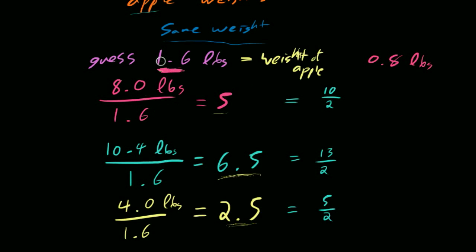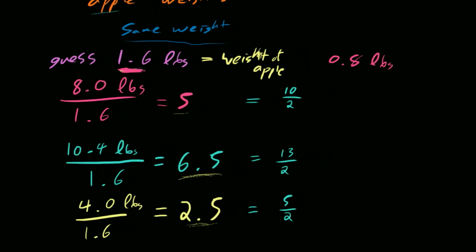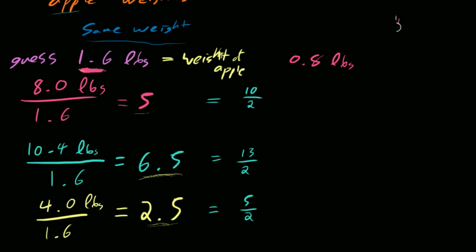So the 1.6, which is the weight of person 1's basket, would mean that person 1 had actually picked 2 apples, not just 1. So now, how many apples would everyone else have picked? Let me start making a little bit of a table. Person 1 would have picked 2.